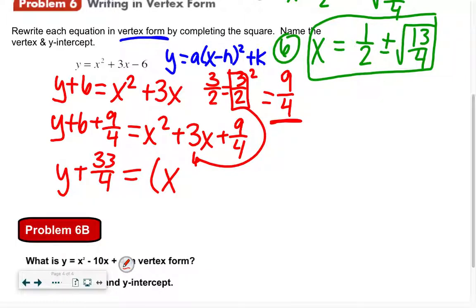That right there. Plus 3/2 squared. Just that b/2. Okay. Last thing I gotta do is get y back to itself because I want it in vertex form. So I'm just gonna subtract that 33/4.